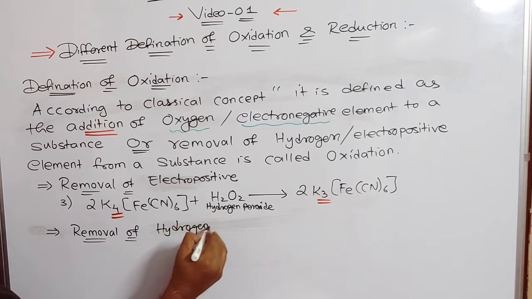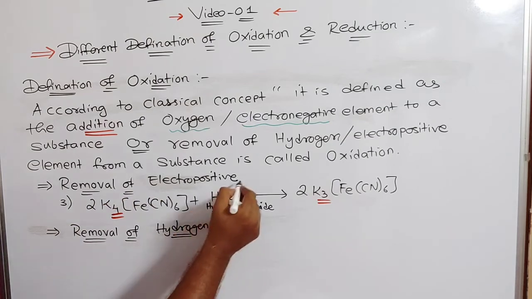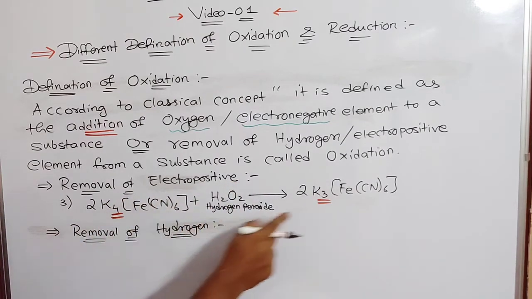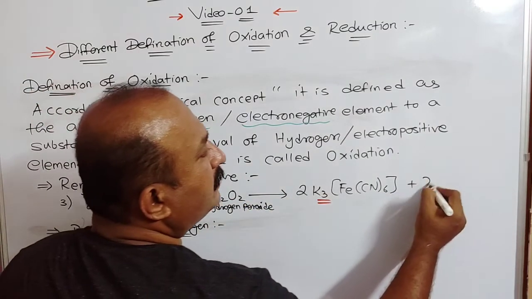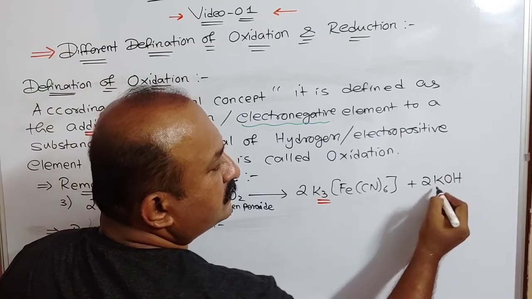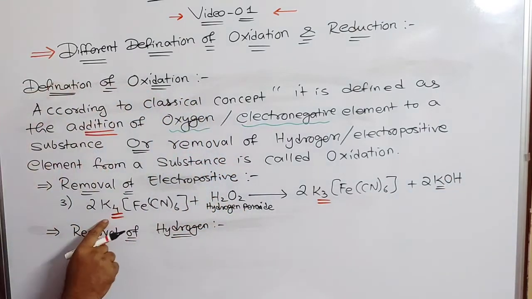That I will explain later because I was talking about electropositive. So here, removal of electropositive element: the electropositive element is potassium, which we have removed. K4 here and K3 there, K3FeCN6 plus the byproduct 2KOH. So this is the K that is being removed.